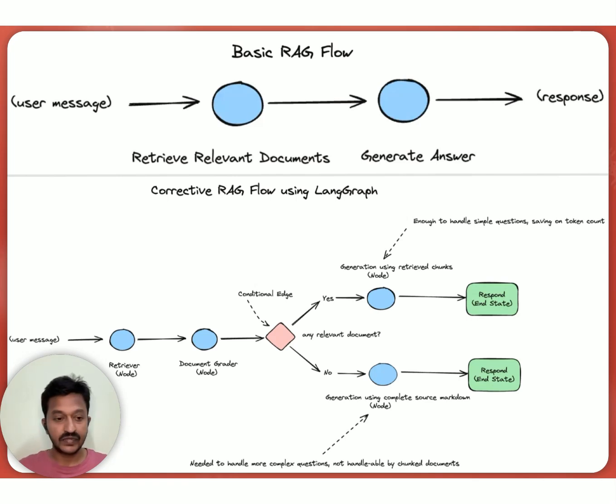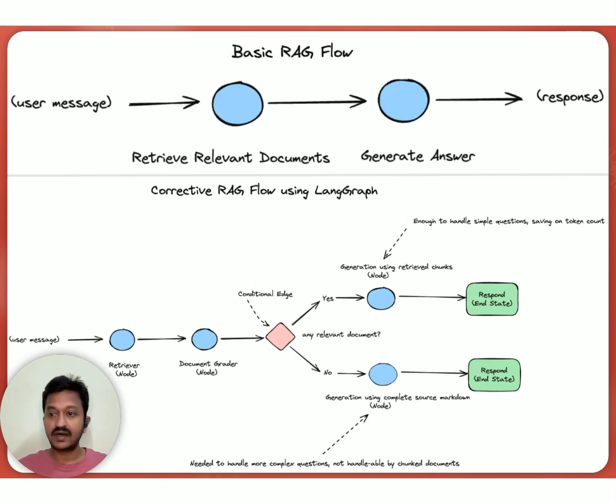So to do this, we'll build a LangGraph graph, as you can see in the corrective RAG flow using LangGraph. We will build a LangGraph graph with nodes for retrieving documents given a query, grading the retrieved documents, and finally generating an answer using the retrieved chunks or the whole document.